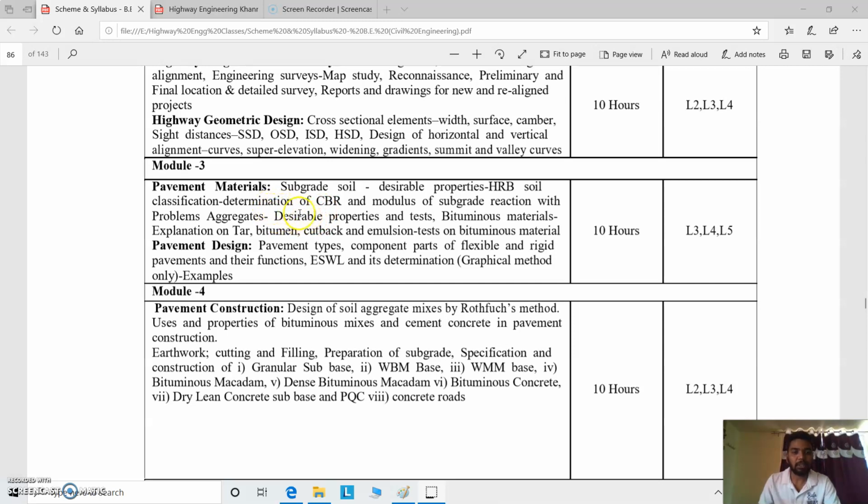Apart from the video lecture, I am going to give notes on materials like aggregates and bituminous, as well as, in pavement design, notes on pavement types and component parts of flexible and rigid pavements. And in the video lecture I am going to discuss the equivalent single wheel load and its determination using graphs. So let us start pavement materials, with the determination of CBR and modulus of subgrade reaction.